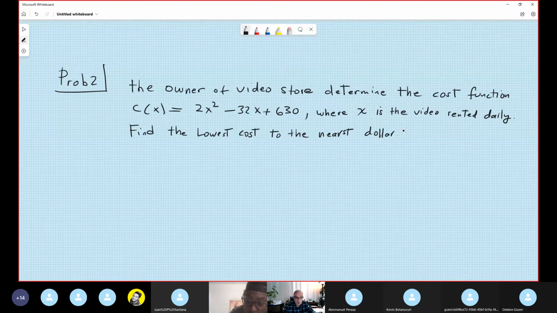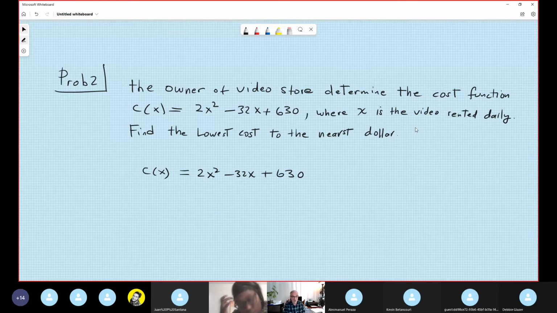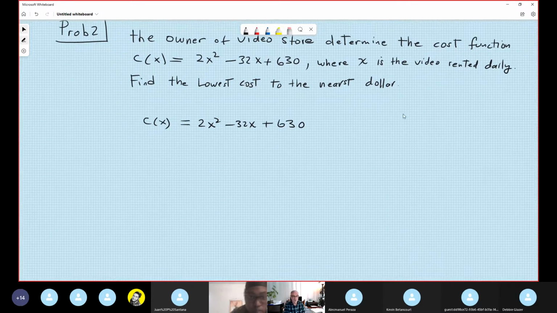Okay, so now I copy again the function. C of x is equal to 2x squared minus 32x plus 630. Again, we are facing a quadratic function. This quadratic function is expressed in standard form, it's obvious, right? So, who helps me to determine A, B, C? A is 2. B is negative 32.